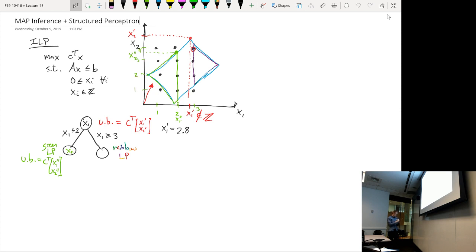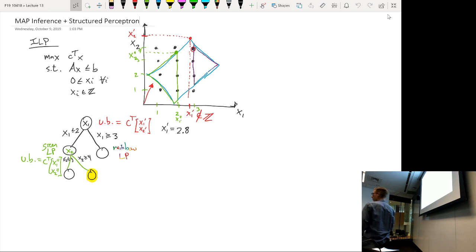And so we would branch down one side with x2 less than or equal to 3, and on the other side with x2 greater than or equal to 4. So this would give us 2 new nodes, okay, and 2 new LPs. What would happen on the x2 greater than or equal to 4 node?